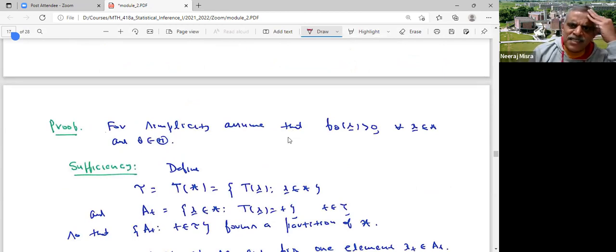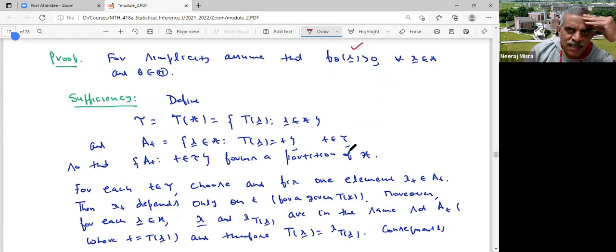For simplicity, let us assume that f theta is positive on the sample space. Otherwise, you can define this as the sample space. Now I define tau to be the range of the statistic T, and A_t as the partition induced by this statistic.